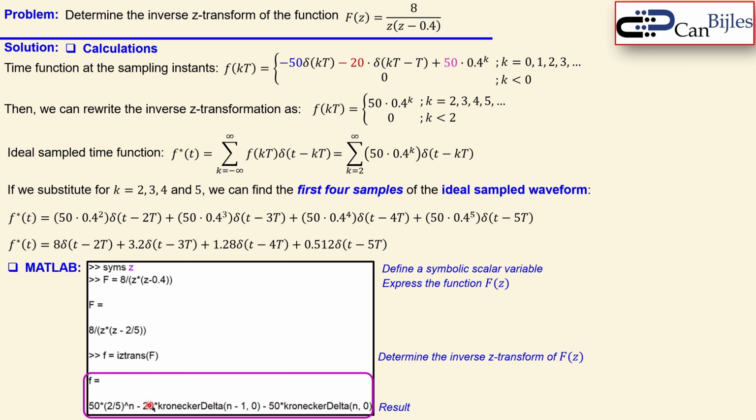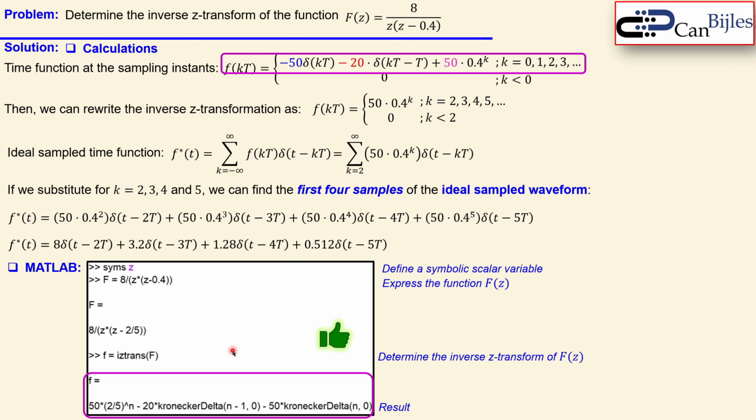And this one, minus 20 Kronecker delta, is this delta function, and the argument n minus 1 means it is shifted by 1 sample time, which is this function. And the final one is minus 50 Kronecker delta n, which is the first term here. So we can say this is as we have also in MATLAB, so this is verified.